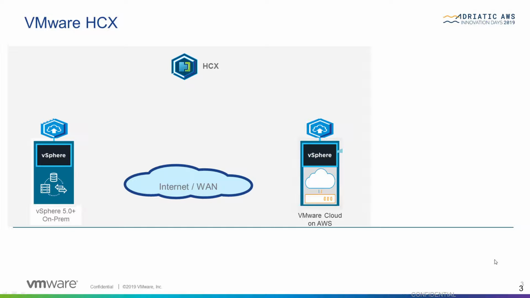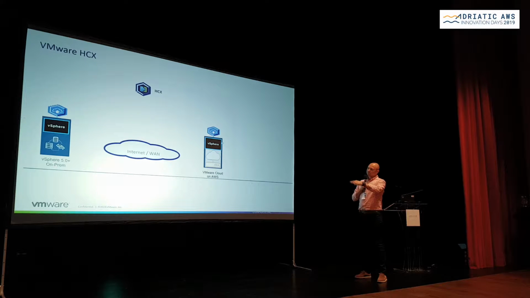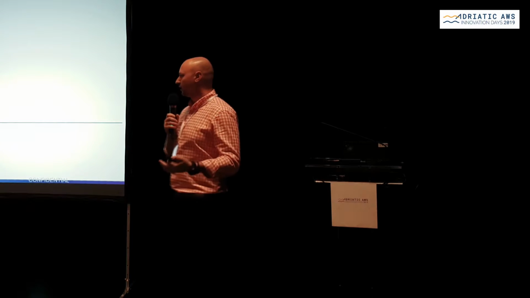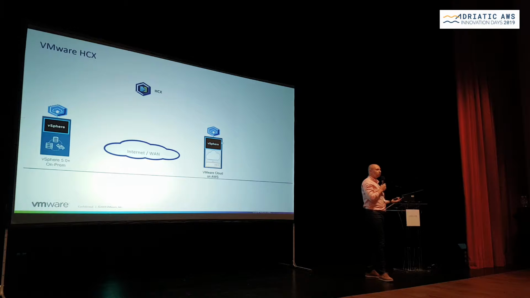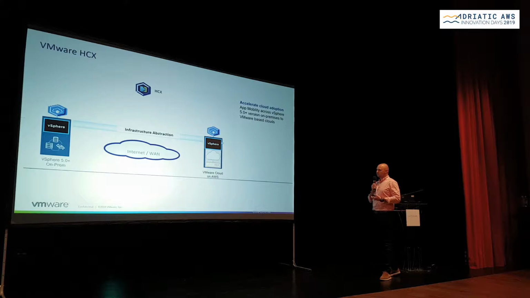Mostly, the solution is used to provide a simple path between an on-prem environment, where we have some legacy VMware environment running on vSphere, some old version or something like that, and we want to migrate to VMC, VMware Cloud on AWS, or to some different cloud or some new on-prem data center. This is where we use HCX.